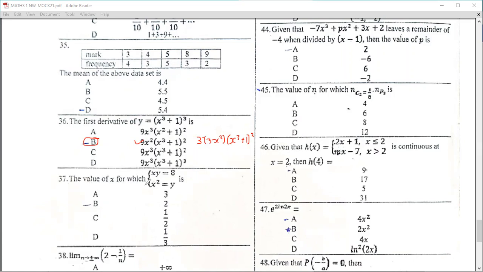Now the value of x for which xy equals 8 and x squared is equal to y is, so we have to find the value of x for which xy is equal to 8 and x squared is equal to y. We can actually do all of this by testing, or we can solve this quadratic equation.